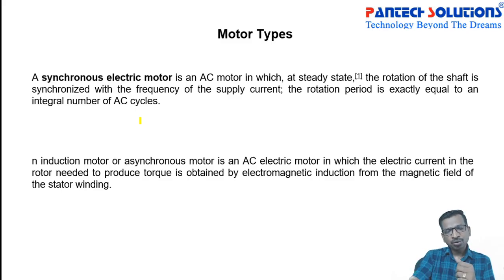Because the stator magnetic field will intersect the rotor, whenever it intersects, then the rotor will try to receive a force to rotate from its standstill position. Each and every motor's working principle, construction, and then speed control mechanism, everything we will discuss in the forthcoming sessions.